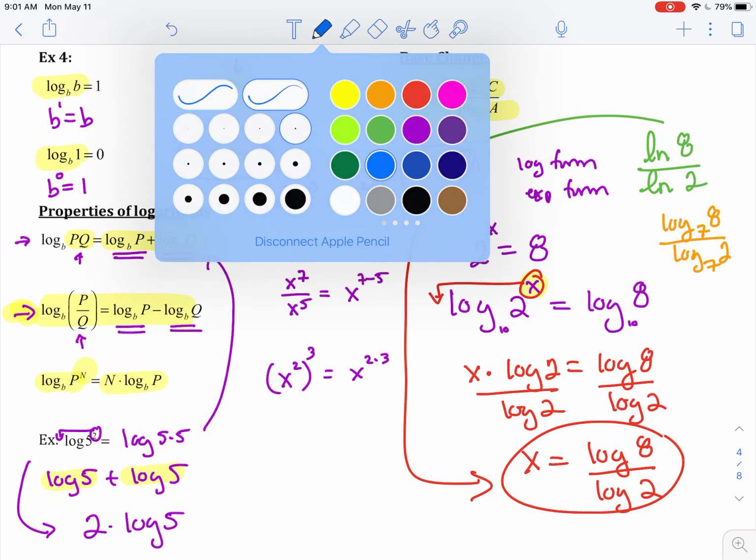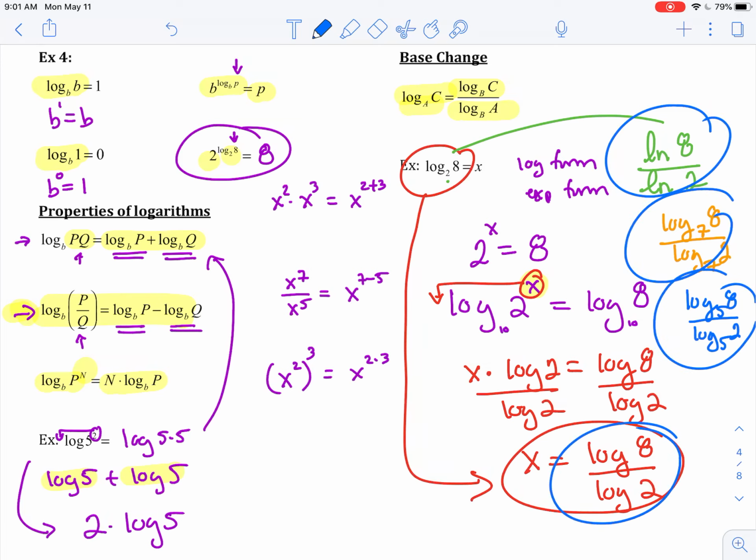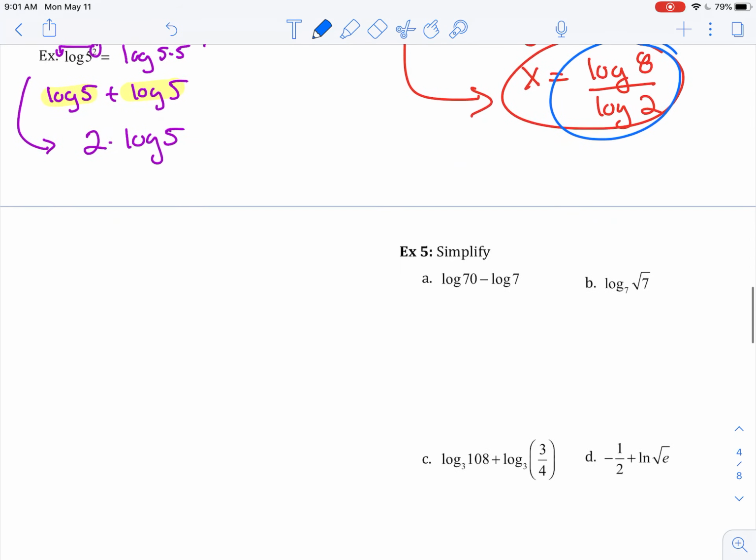If I wanted to switch it to base 5, I could do the log of 8 base 5 divided by the log of 2 base 5. So whichever base you want, you make sure that you're doing it to both the bottom and the top with that exact same base anytime you want to do a base change. All of these are equivalent. They all say the same thing. Okay? So let's do a few problems here.